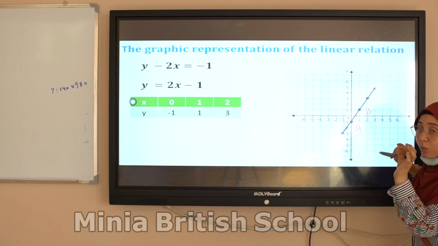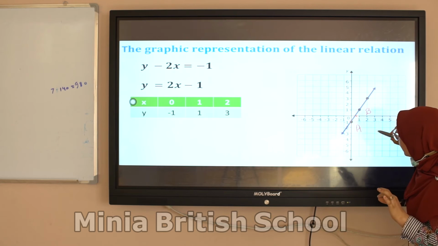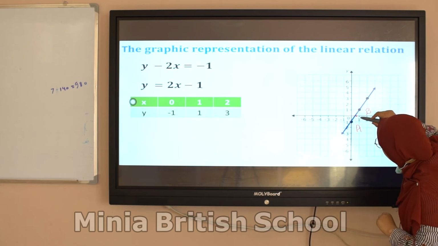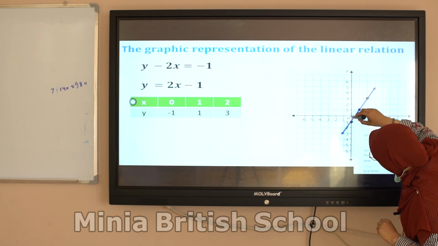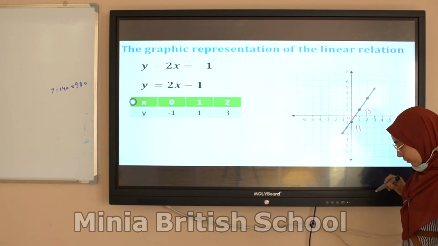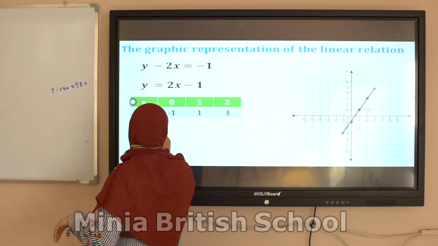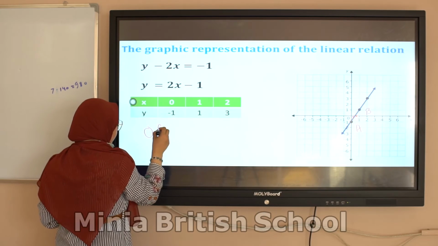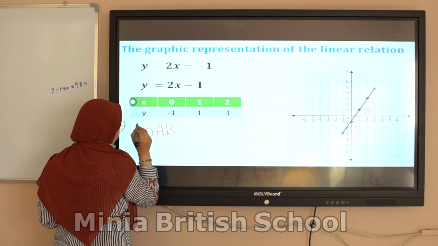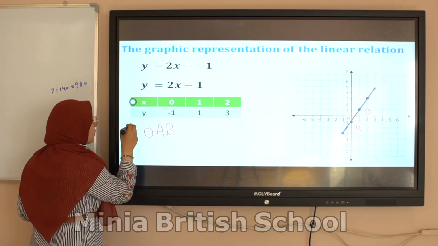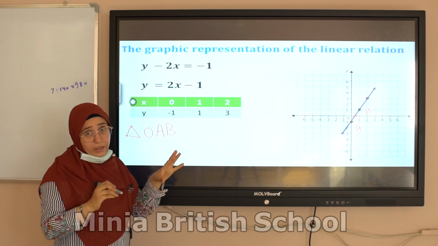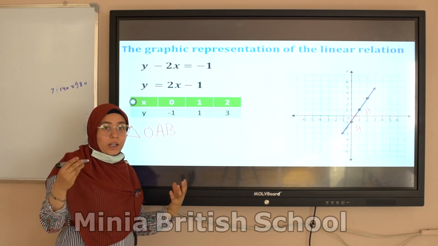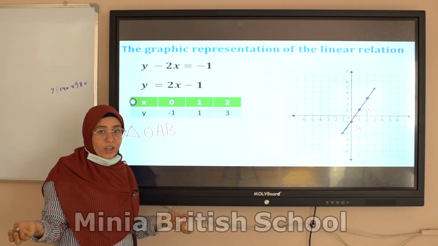Here I have a small triangle, okay? This triangle is called OAP. Now I need to find the area of the triangle OAP. Remember with me, to calculate the area of a triangle, I have a rule.